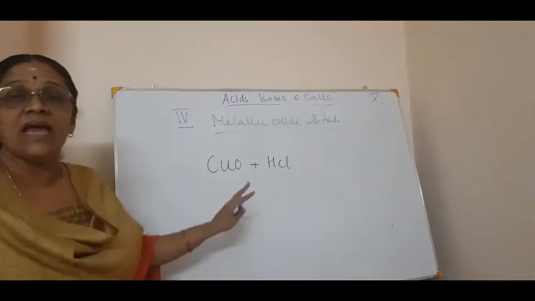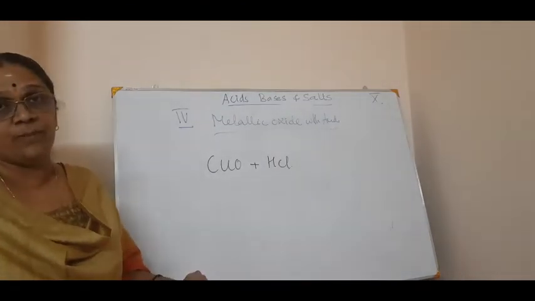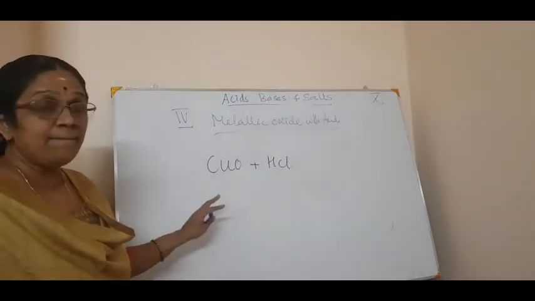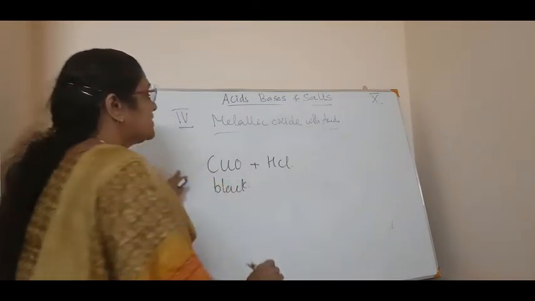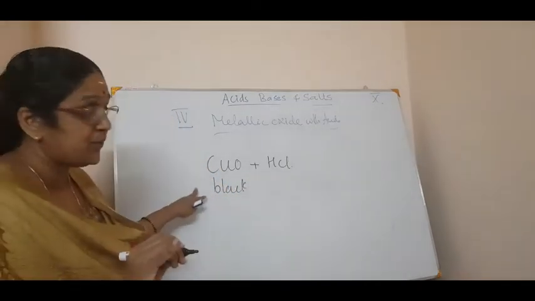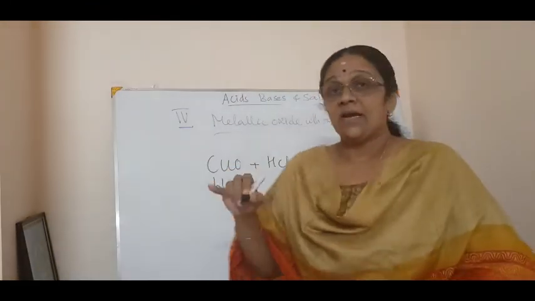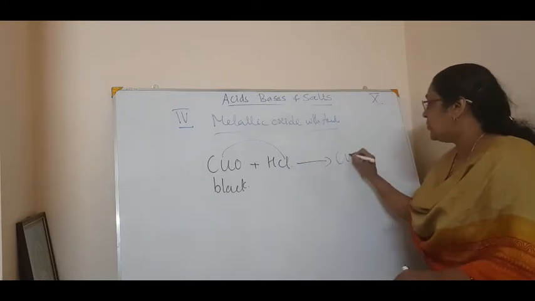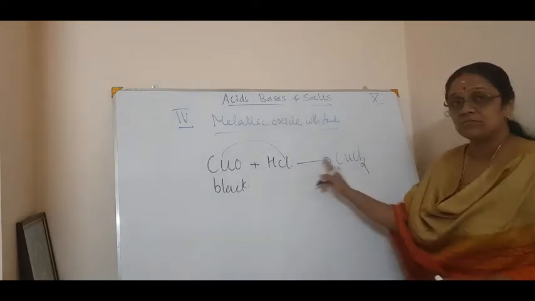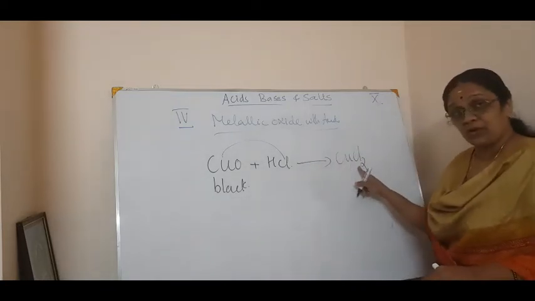This is a metallic oxide, and you react it with dilute hydrochloric acid or any acid, sulfuric acid, no problem. Now, what will happen? In a test tube, if you put black copper oxide and pour some hydrochloric acid into it, the corresponding salt forms: CuCl2, that is cupric chloride.